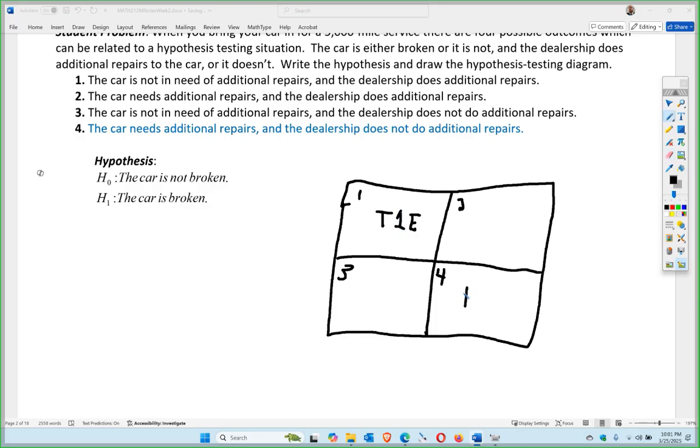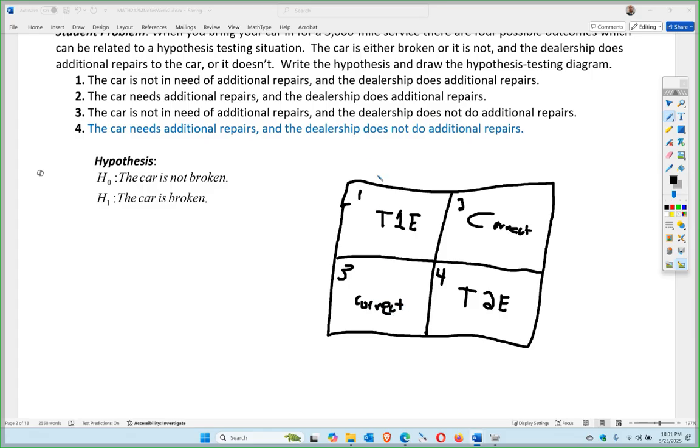Right, this is a type 2 error. Right, this is correct. This is correct. Right?